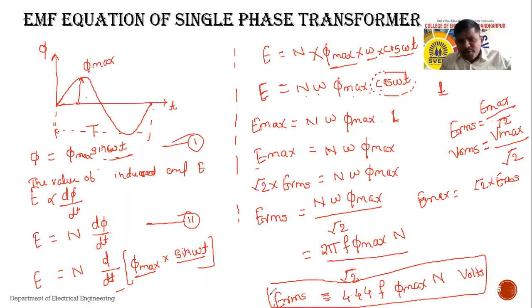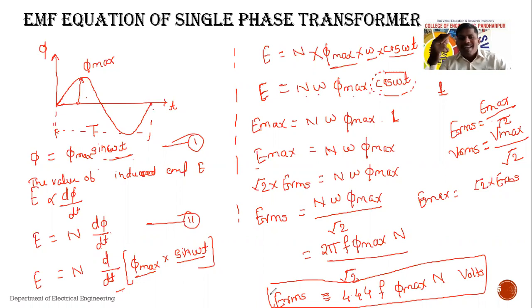This 4.44 comes by multiplying 1.11 with 4. Another way to see it is that 1.11 is nothing but the form factor. So by multiplying the form factor with 4, we get the value of 4.44.